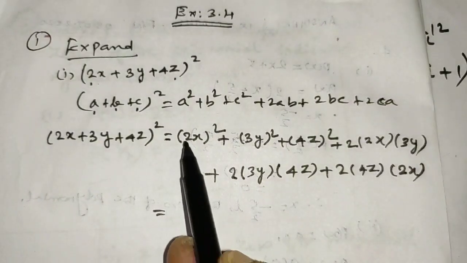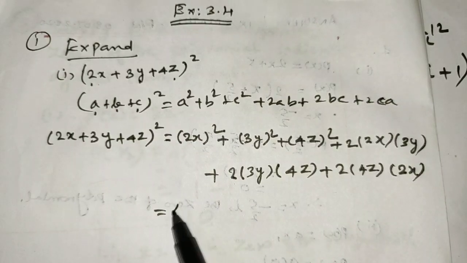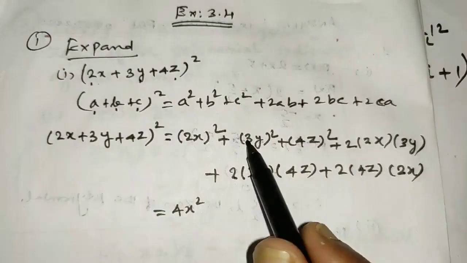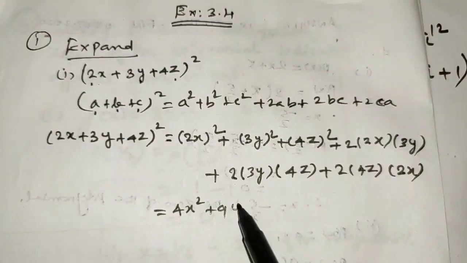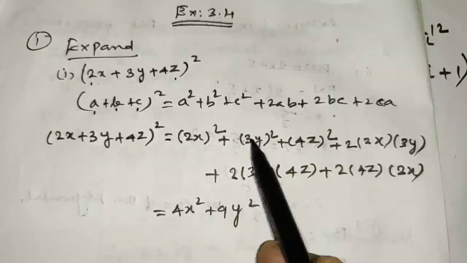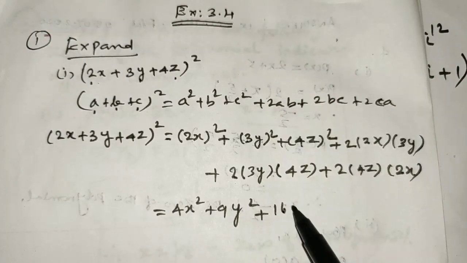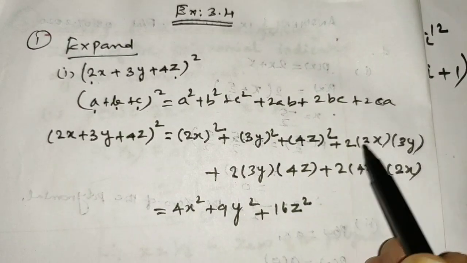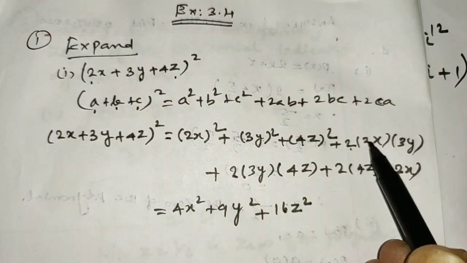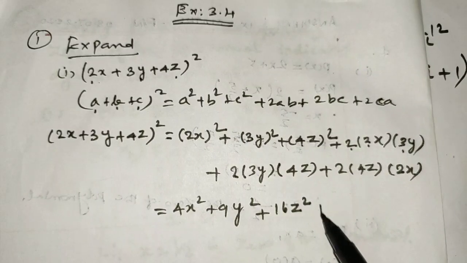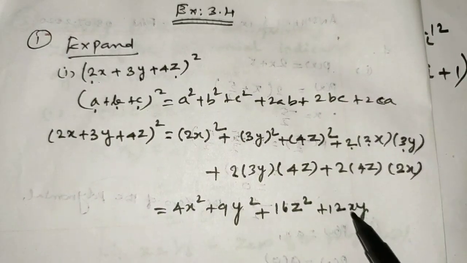On simplification we get 2x whole square is 4x square. 3y whole square gives 9y square, that is 3 square gives 9y square. Like that 4 square is 16z square. Now we have to multiply these numbers. 2 into 3 is 12xy.